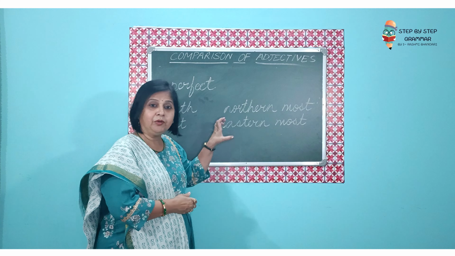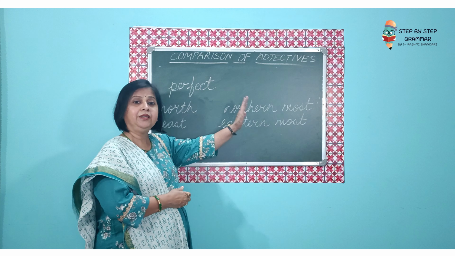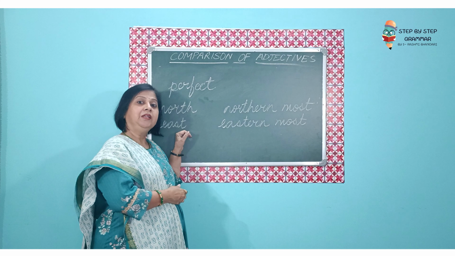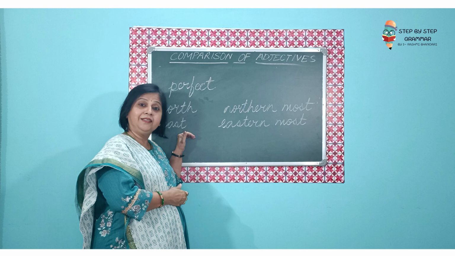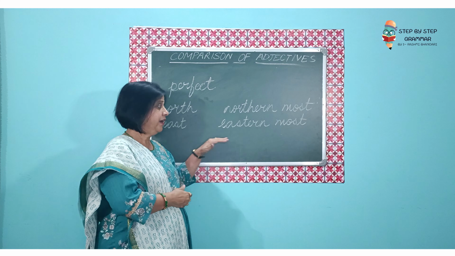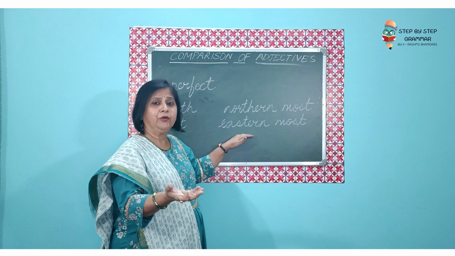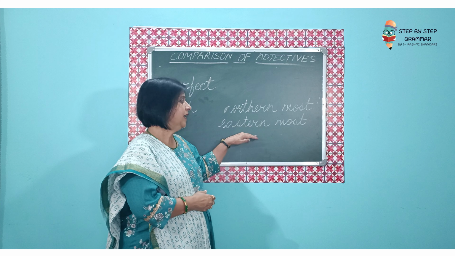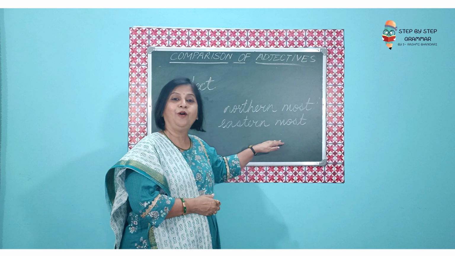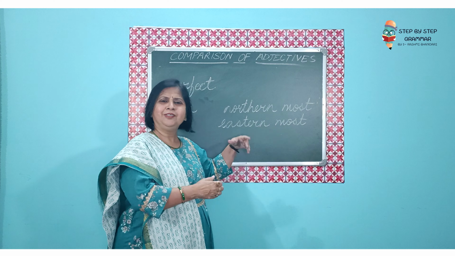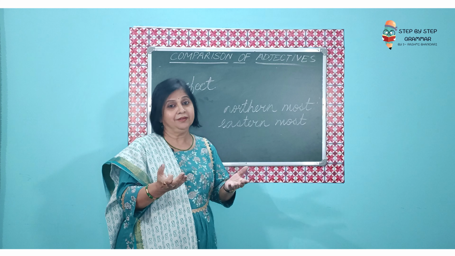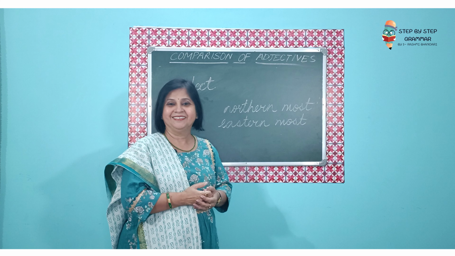So we are not talking about anything in the middle, only the extremes, positive and superlative. Similarly, we can say West Bengal lies in the east and Assam or Arunachal Pradesh or any of these northeastern states lies in the easternmost region of India. So these are just a few examples, which of course if you remember is always very good.